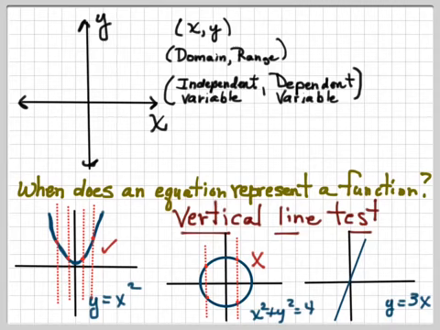And the third one, y equals 3x, that's a linear function. And there's no place that I can draw my vertical line and hit that line in more than one spot. Remember, the only line that is not a function is a vertical line. Okay, so that is a function. So let's move on.